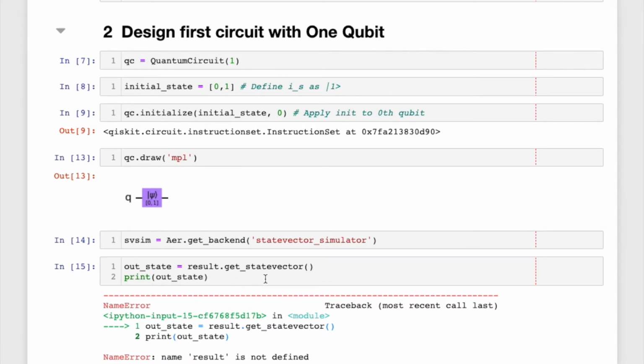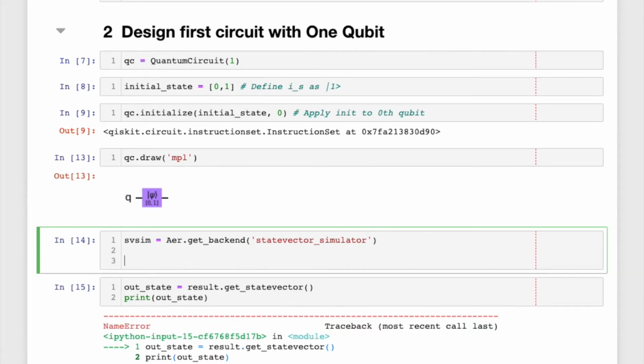What am I doing wrong? Something wrong here. Yes, for result I need to create the object first, the Q object.